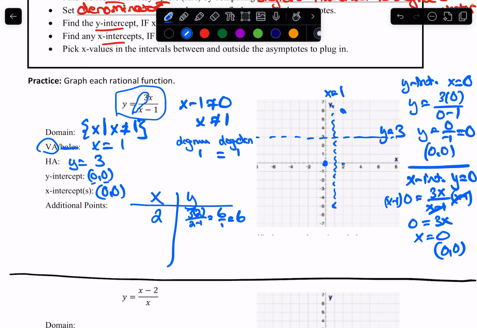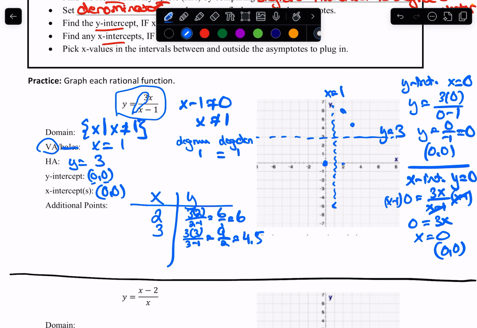Okay, well, that's not going to give us that much of an idea. Let's plug in 3. 3 times 3 divided by 3 minus 1. So 9 over 2, which is 4.5. So when x is 3, this is going to be 4.5. Okay, that's giving us a little bit more of an idea of how it's going to go.